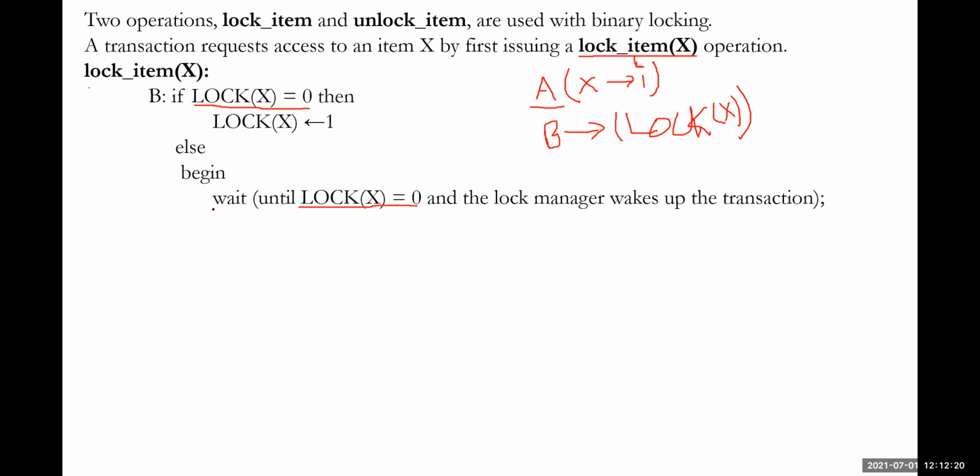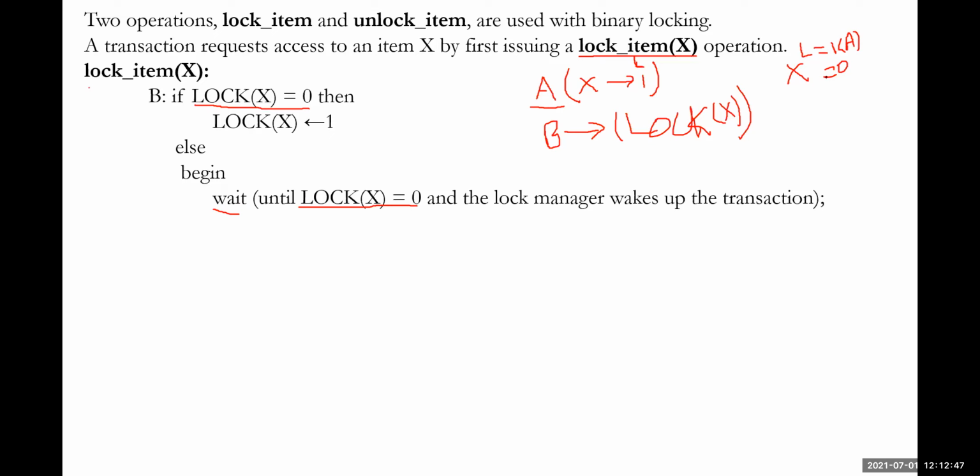The else part says you must wait. Until what extent? Since this item's lock value has already been taken by A, you have to wait till the lock value becomes zero. If it does not become zero, you have to wait for some time.